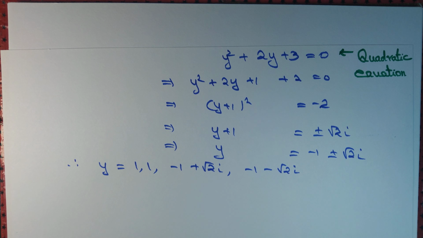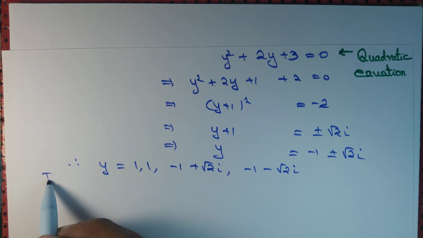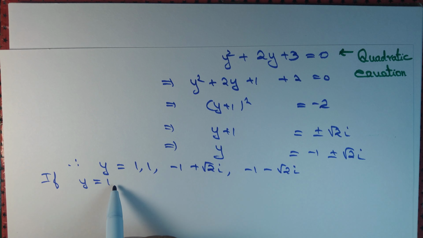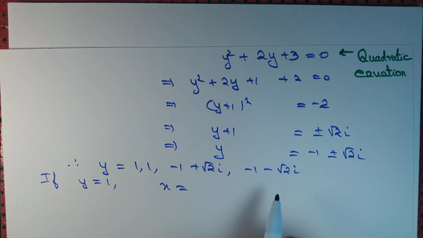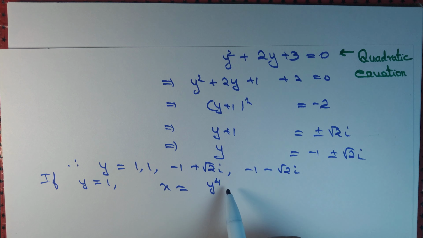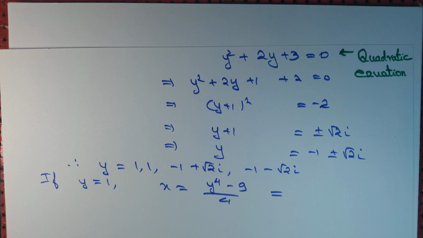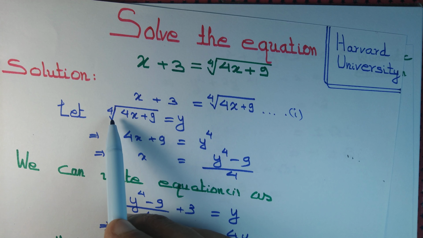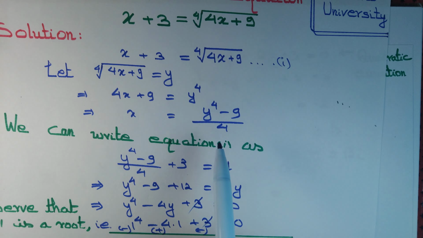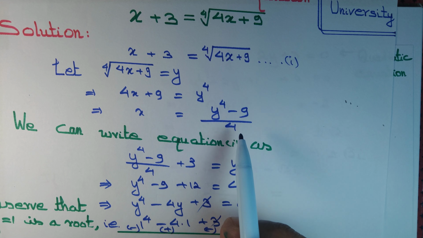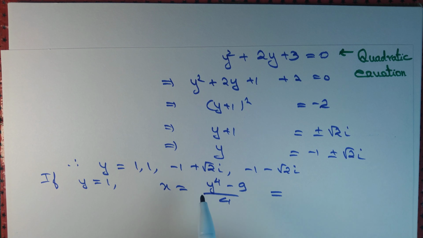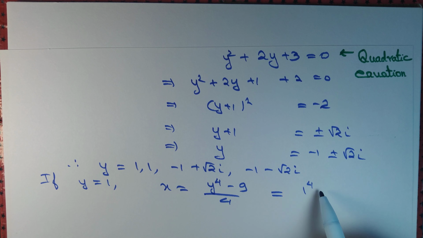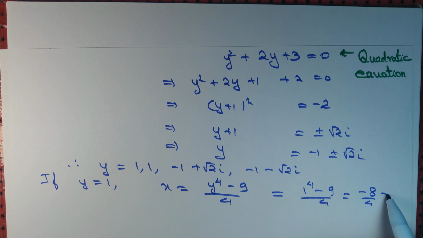If we are restricting only to real numbers, if y equal to 1, x equals y to the power 4 minus 9 by 4, that's our assumption. We started with y equal to 4th root of 4x plus 9, so x equals y to the power 4 minus 9 by 4. With y equal to 1, 1 to the power 4 minus 9 by 4 is minus 8 by 4, that's minus 2.